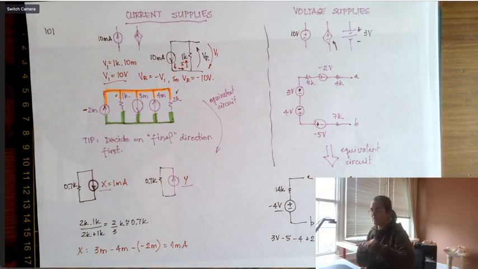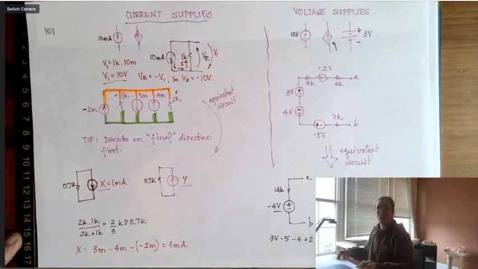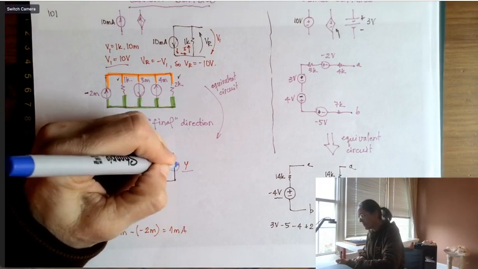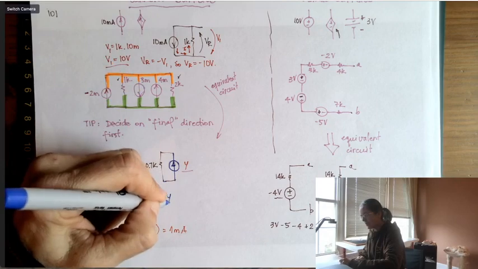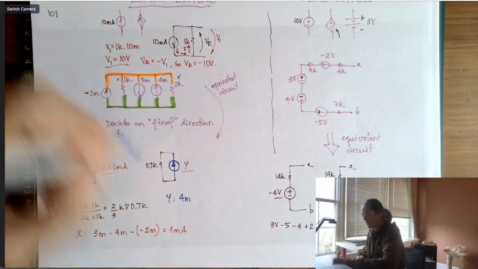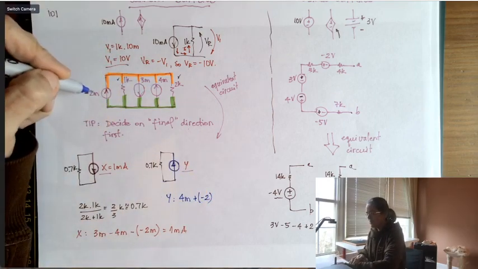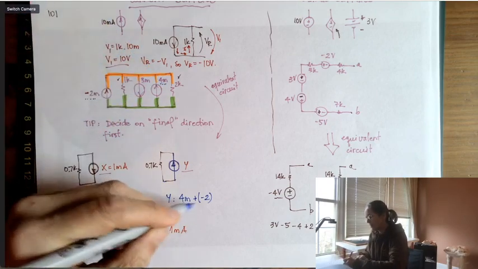But let me do this again, just to make sure my math is correct, because I mess up math all the time. So let's assume I want Y going up. I look in the original circuit, and there 4 milli is going up, and minus 2 is going up. I add them. Whatever the number written here is, I copy 4 and minus 2.